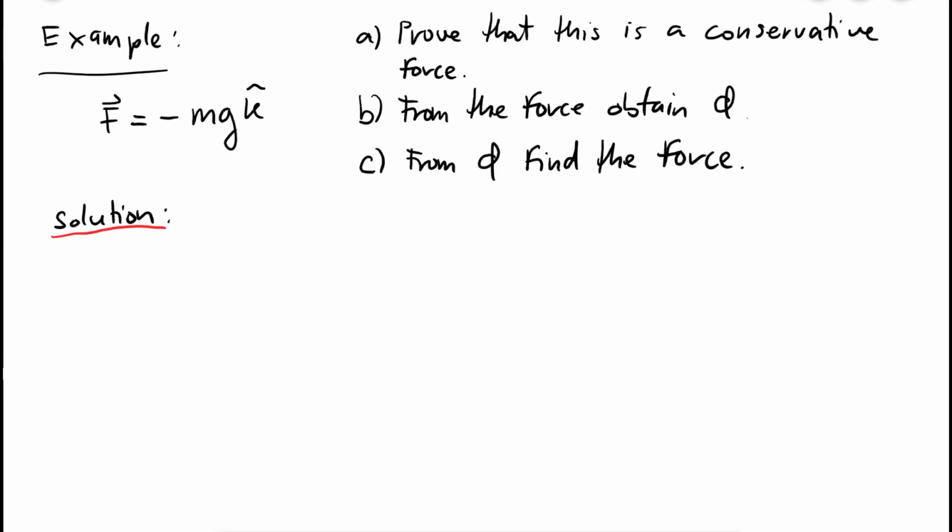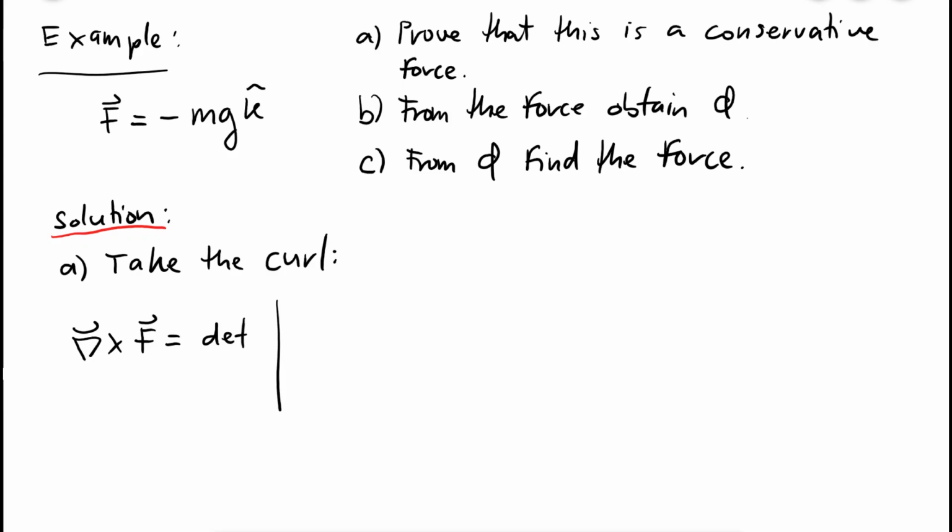So part A, is this a conservative force? The test we already know about is to take the curl. If we take the curl of this function, then the curl of F is equal to the determinant of i, j, k; partial x, partial y, partial z; and then, well, there's no force in the x direction, so we can write it as a 0.